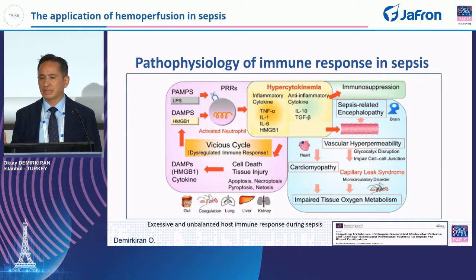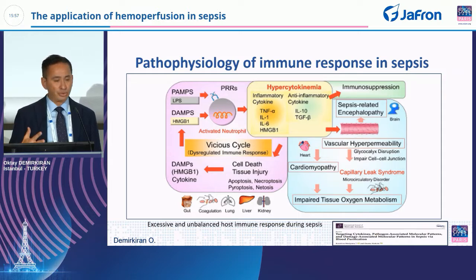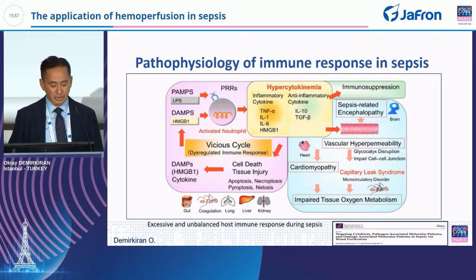In the vascular system, vascular hyperpermeability causes glycocalyx disruption and impaired cell-to-cell junctions. Also in the heart, cardiomyopathy or impaired tissue oxygen metabolism, and it causes microvascular system disorders.